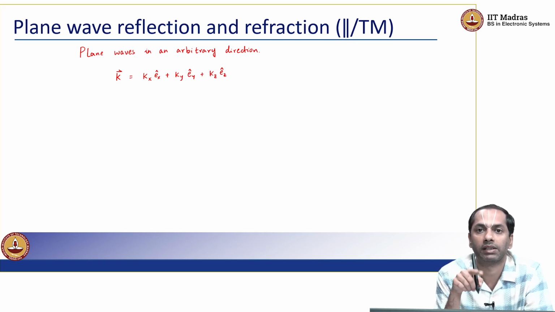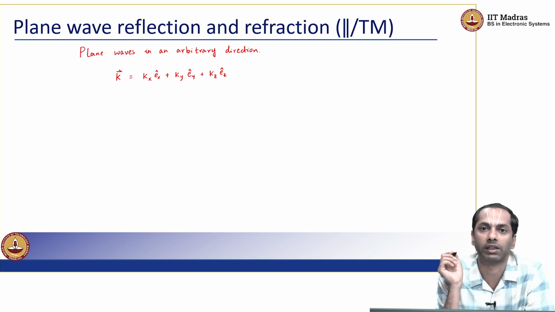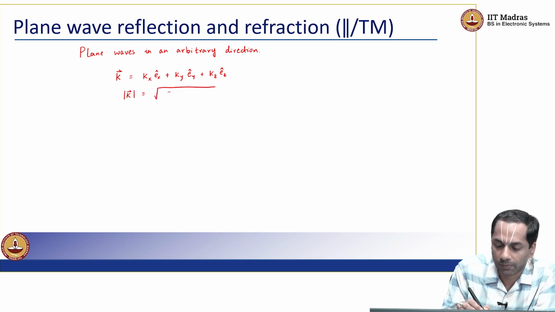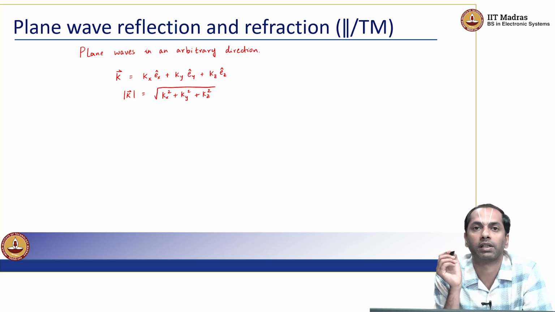So, now we can basically have components in all three, and we are going to demarcate that with the subscript x, y or z, right. So, if I were to ask you what is the magnitude of k, it quite simply will be the square root of kx square plus ky square plus kz square, right.